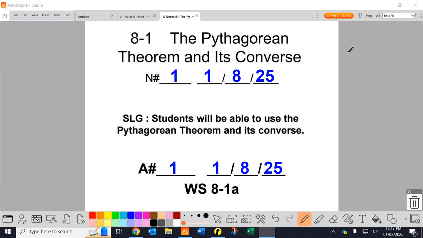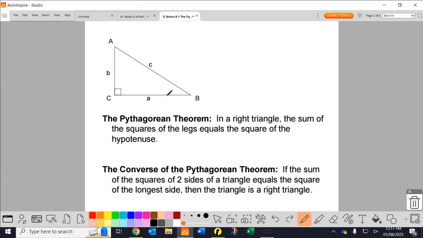So getting started. This is a right triangle. In a right triangle, the two pieces that are connected to the right angle are called the legs. The legs are always going to be on the left side, so it's going to be a squared plus b squared equals, and then the hypotenuse, which is across from the right angle.